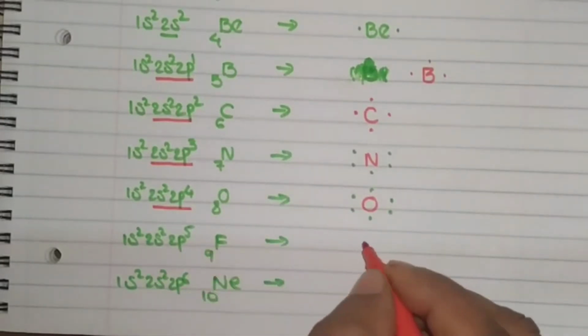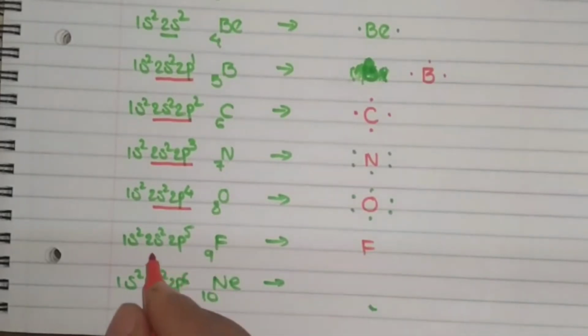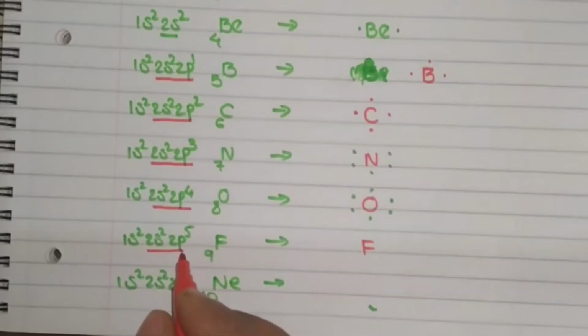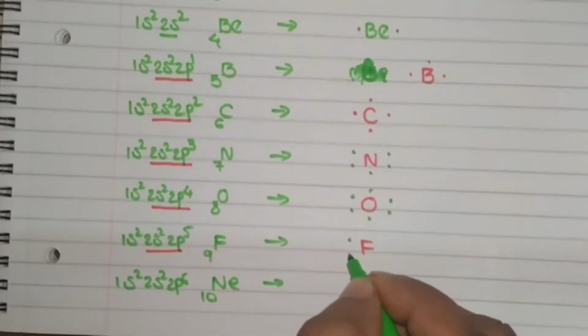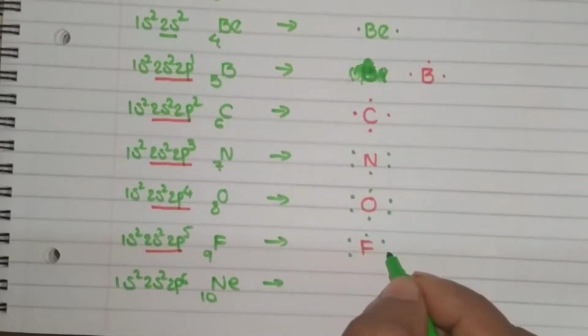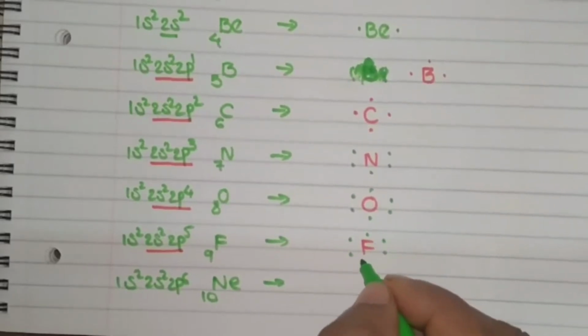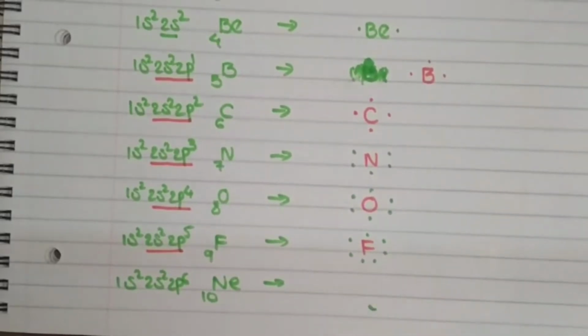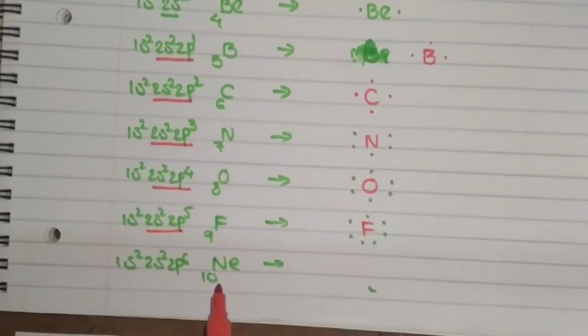The symbol of fluorine is F. So how many dots here? The valence shell is 2s2 2p5. It contains 7 electrons. That's why I have to keep 7 dots: 1, 2, 3, 4, 5, 6 and 7. Next, neon, one more element.